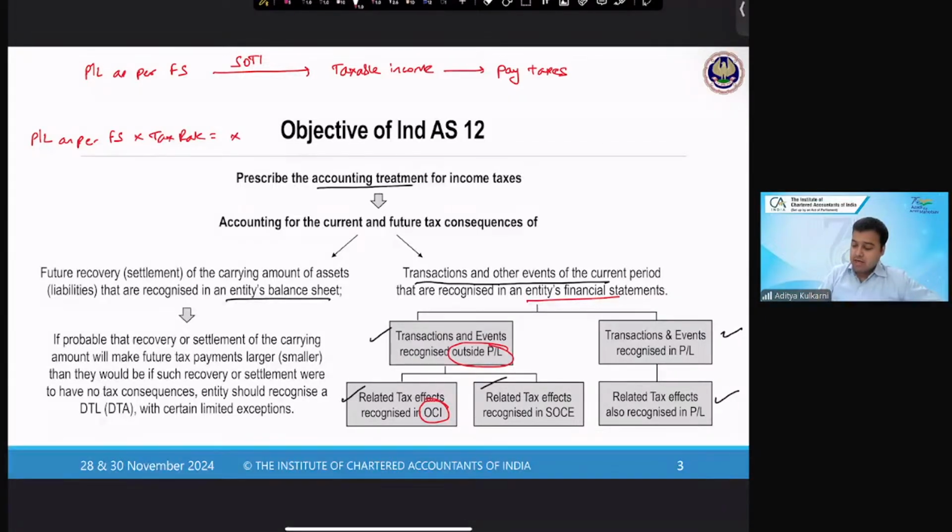Let us call that value X. Now the tax liability, which is nothing but the expense, will be Y. You tell me, is X always equal to Y or is it always different from Y?